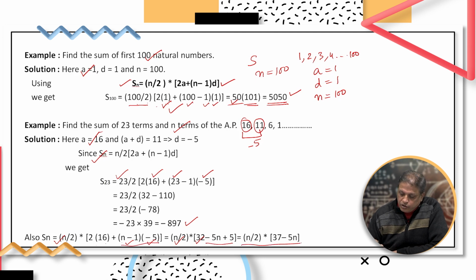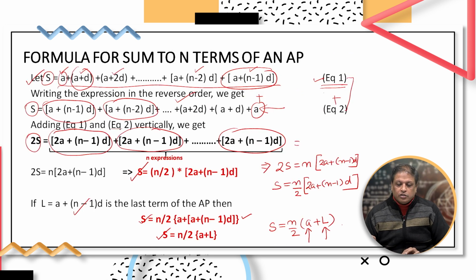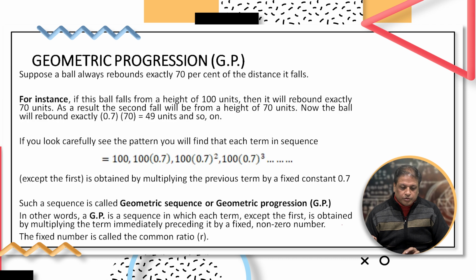So, the entire solution gives you the value that Sn is equal to n by 2 into 37 minus 5n. I hope you understood what we mean by the sum of n terms of an AP and how we can apply this formula to solve several problems.